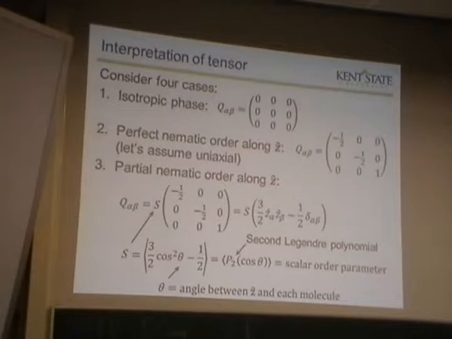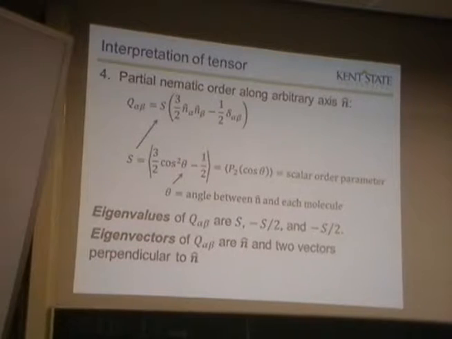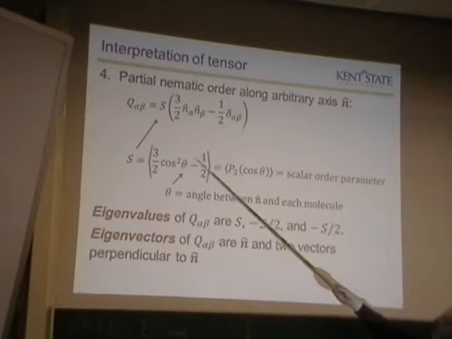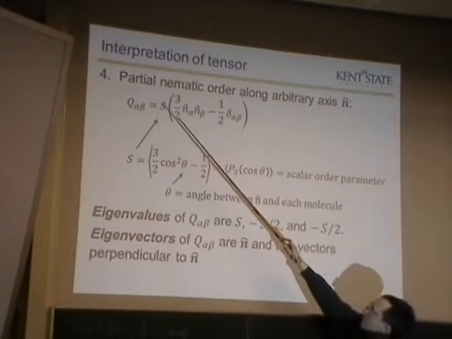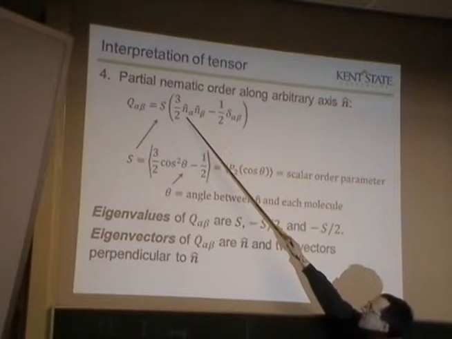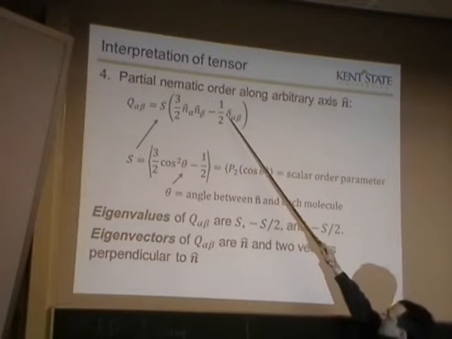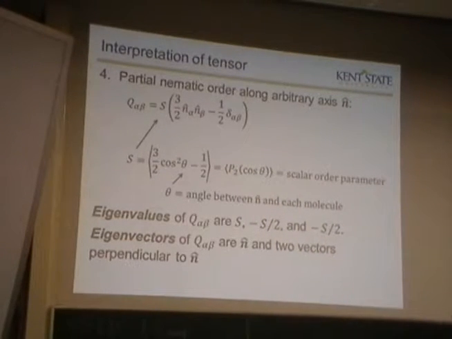So if the order is along n, I can just take the same thing and substitute n in place of z and say, okay, well now the tensor is S times 3/2 n alpha n beta minus a half delta alpha beta.